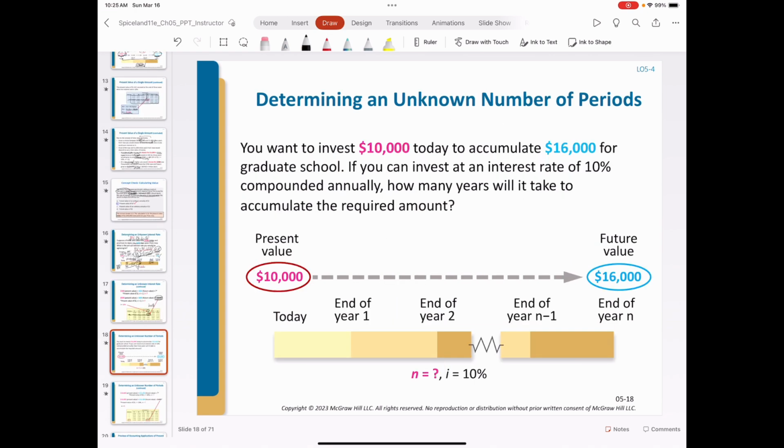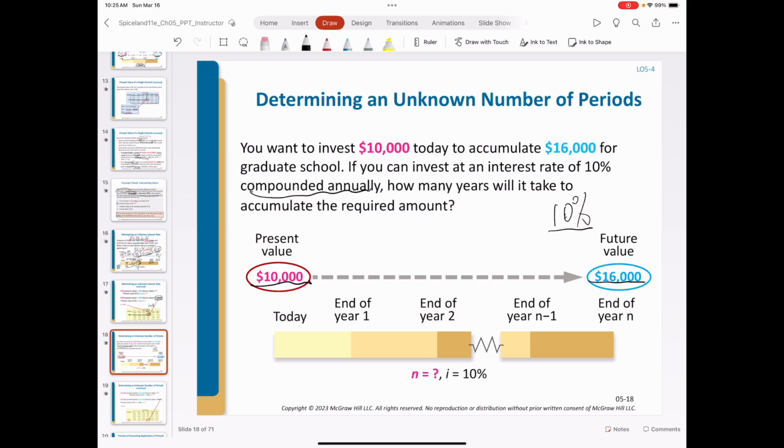Similarly, we can also determine the number of periods if the interest rate is given. We're given the present value, PV, the future value, FV, and also the interest rate per period, 10%. Since 10% is compounded annually, this represents the annual interest rate.